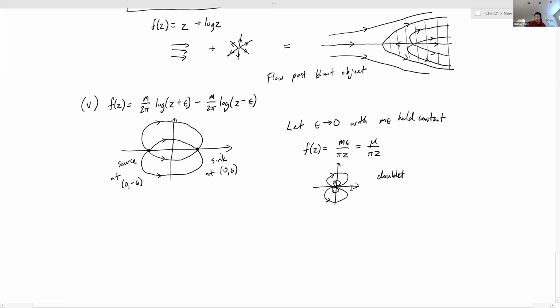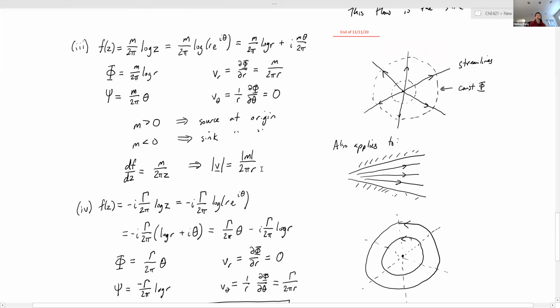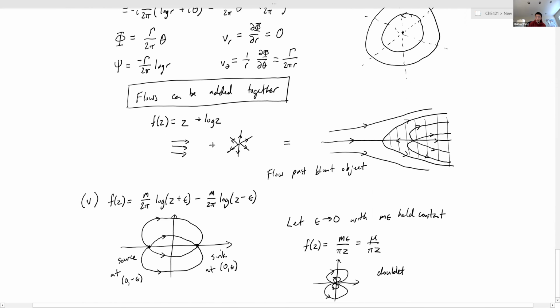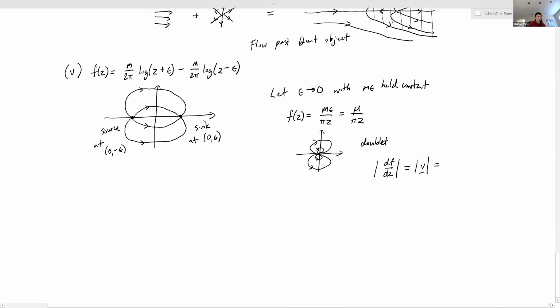The actual values of the velocity near this decay very quickly, right? In the log case, if you recall, the velocity goes down as 1 over r. When you have a source and a sink right next to each other, then that velocity looks like this. Again, this is the absolute value, or the magnitude, of velocity.